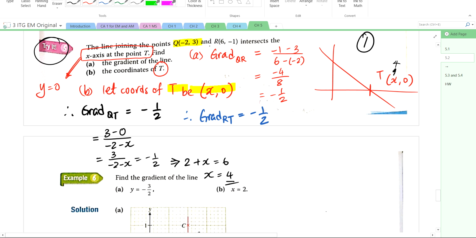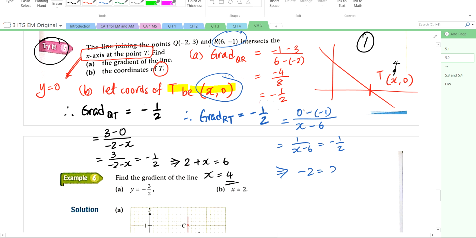Now if you chose to use the blue color option, let's try and see gradient of RT. Now I'll be comparing this with this. 0 minus negative 1 over x minus 6 gives me 1 over x minus 6, which is negative half. So this gives me negative 2 equals x minus 6, x equals 4.